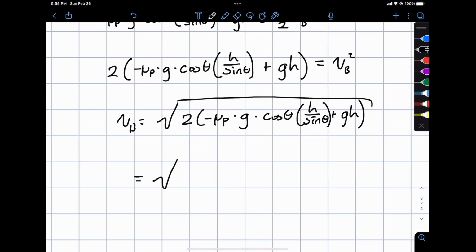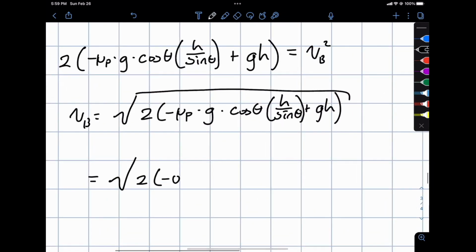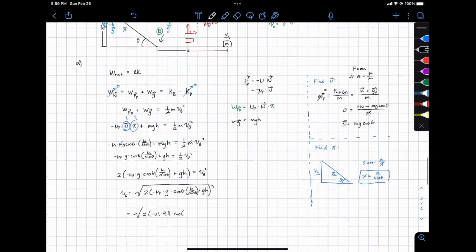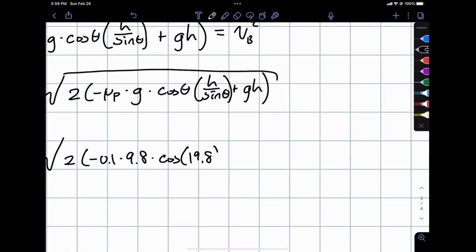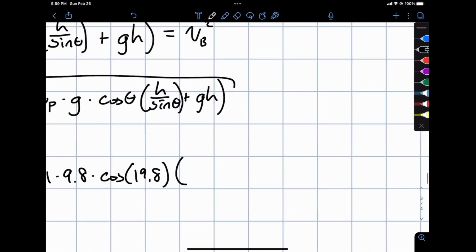And we can now dump in our numbers. 2 times negative mu p. Mu p is again 0.1, so negative 0.1 times 9.8 times cosine our theta, 19.8, so 19.8 times height 5.82 over sine theta 19.8, what we wrote earlier, plus gravity 9.8 times the height.